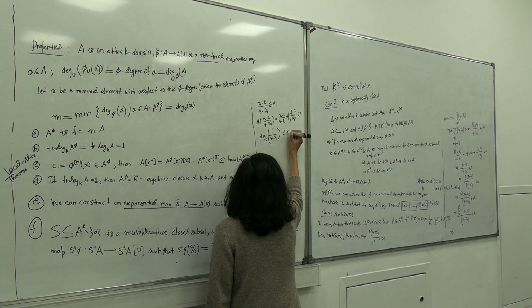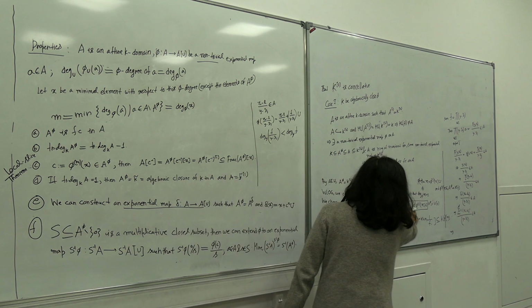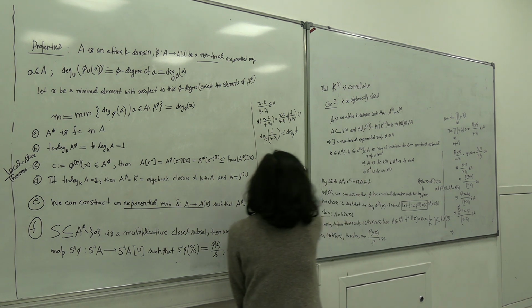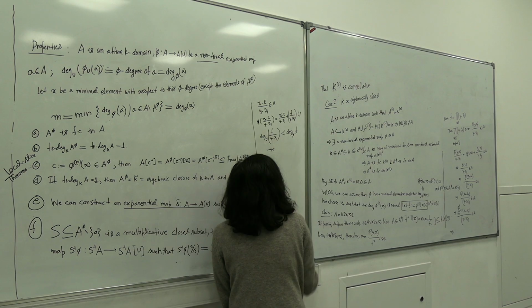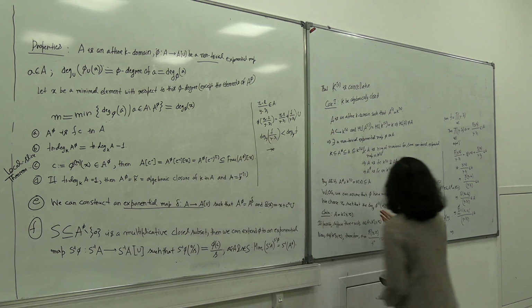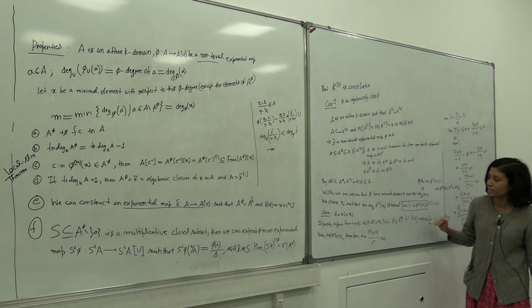This is strictly less than the y degree of f, but we have assumed f to be minimal of such. So this is the contradiction. Contradiction with what? With the fact that we have chosen f to be such that f has minimal degree.